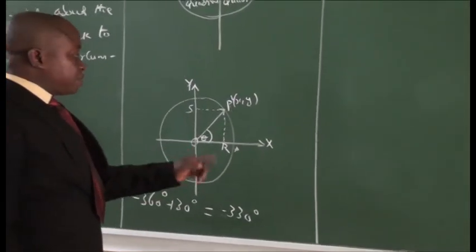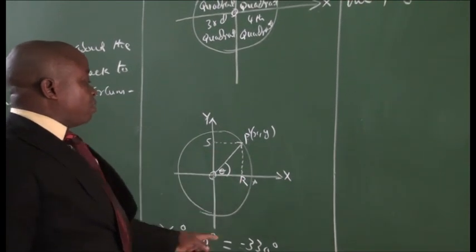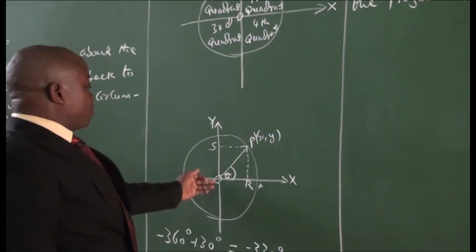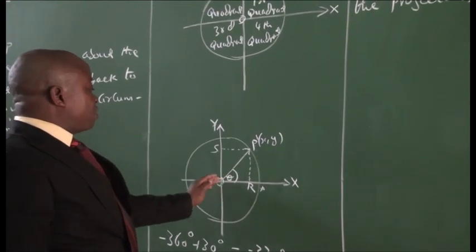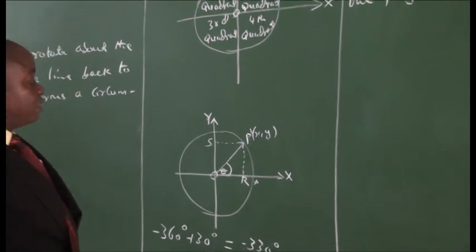So it becomes very important for us to know that OR is the projection of OP prime on the OX axis, and OS is the projection of OP prime on the OY axis.